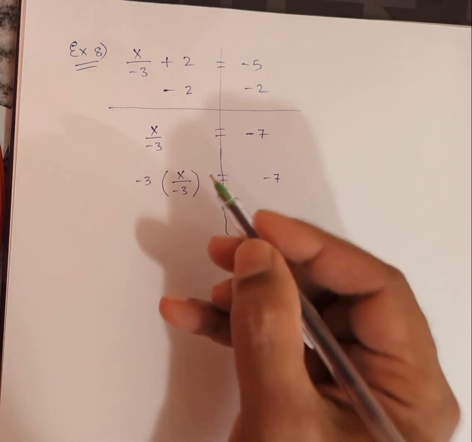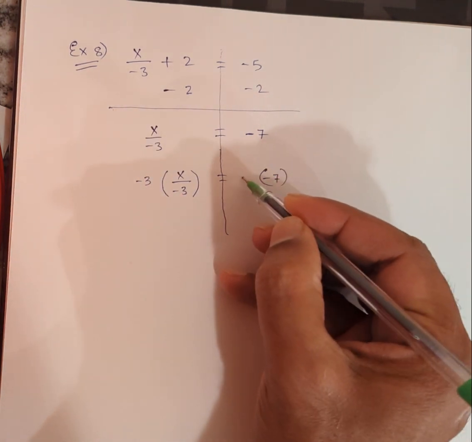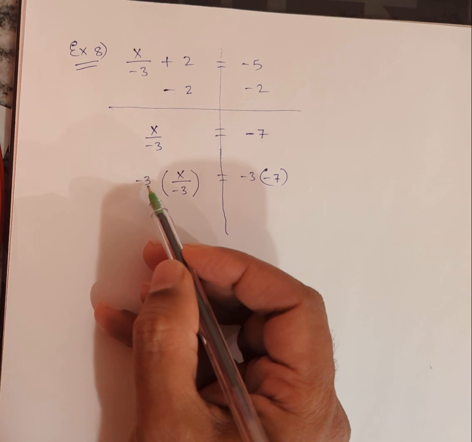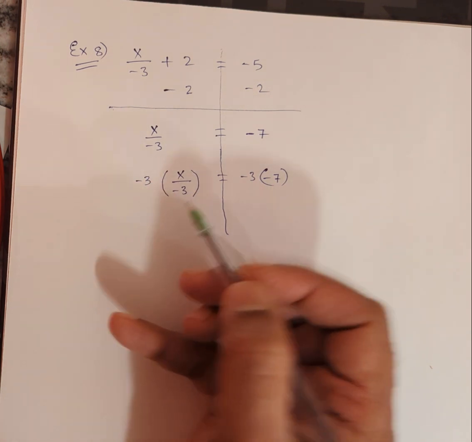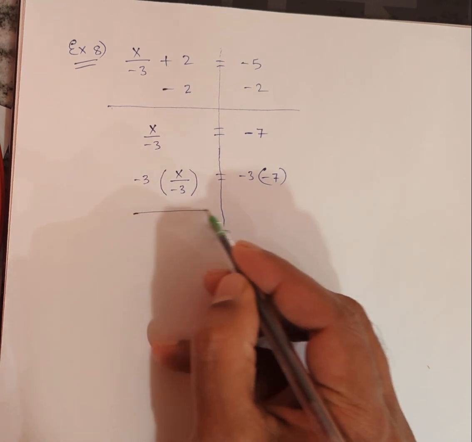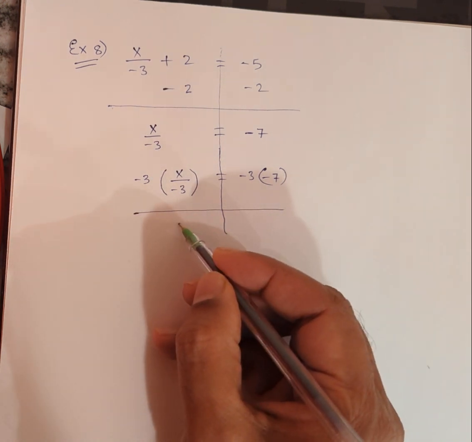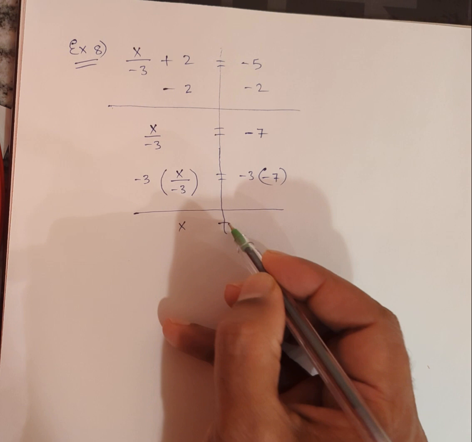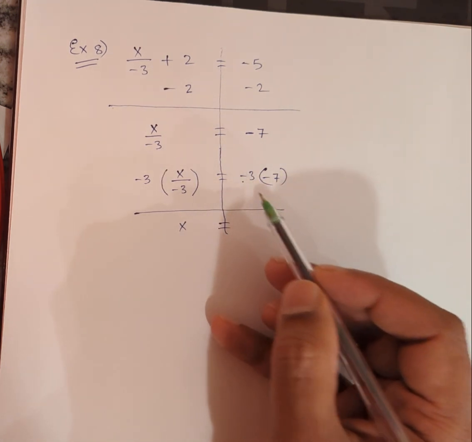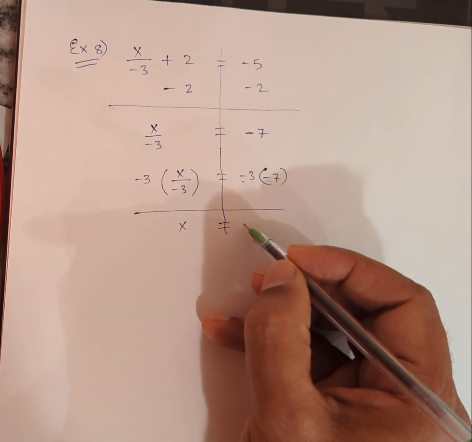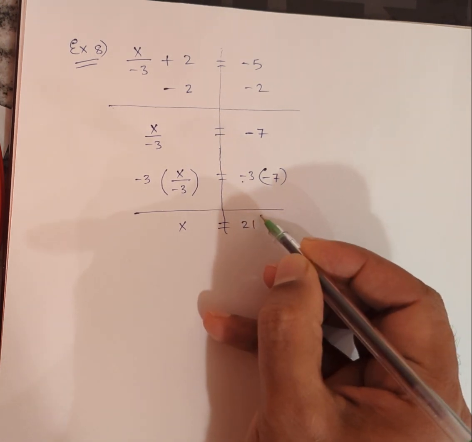So, multiplying means this will belong to the numerator. Now notice the negative 3's cancel each other out, and now you are left with just x by itself. And first of all, negative times negative is positive. 3 times 7 is 21. So that's our answer.